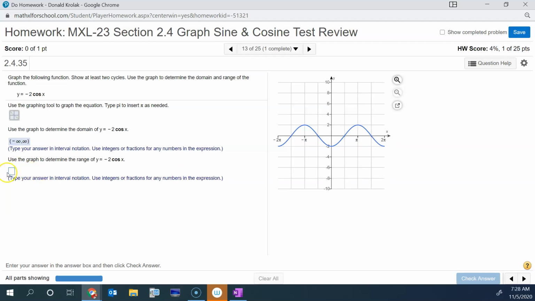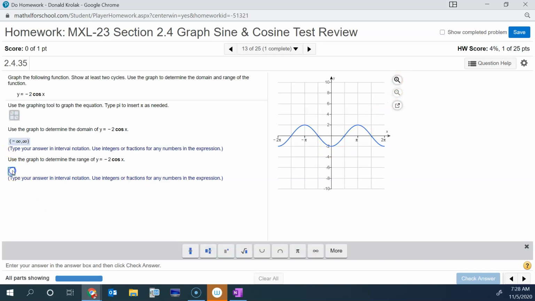All right, and now we want to know what the range is of that. Corbin, range? Yep, bracket, parentheses. Bracket. -2, comma, 2, bracket.